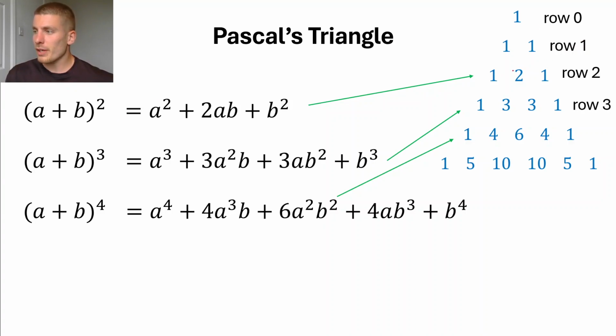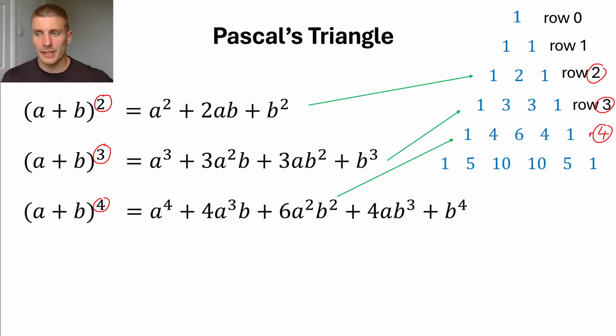For example, row 2 matches the power of the expansion, which is really important. Row 3 matches the power of the expansion. So it all links up nicely. And that would be row 4. Okay, and the 4 links up with the 4 over here. This is the first really key idea with the binomial expansion. You can get the numbers before each term by using Pascal's triangle.